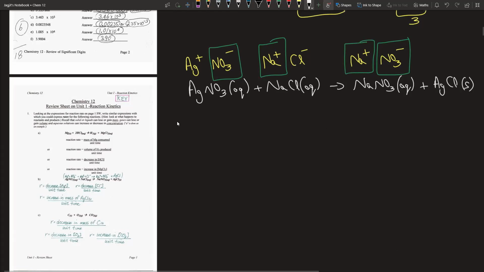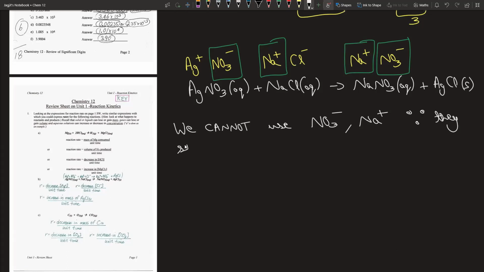So what this means is we cannot use our NO3 minus ion or Na plus ion, because they show up on both reactant and product sides. These are called your spectator ions. They show up on both sides, so essentially they end up getting cancelled.